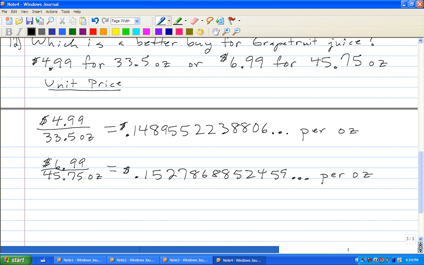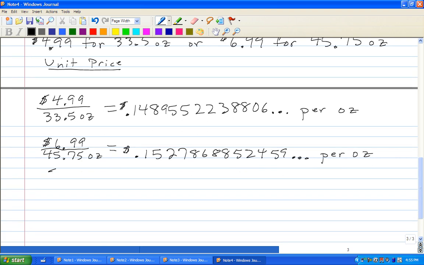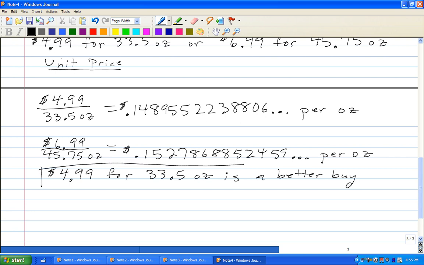So one you're paying 14.9 cents per ounce, the other 15.3 cents per ounce. So it's better to be charged less. And so $4.99 for 33.5 ounces is a better buy. In this case, you buy the one that's only 33 ounces rather than the one that's almost 46 ounces.